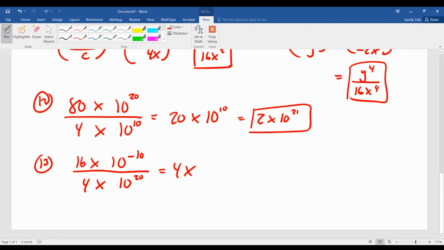So you'd essentially have 10 to the 30th on the bottom. But you see, to make a 10 to the 30th on the bottom, you'd have to have a 10 to the -30th on the top, because that -30 tells this 10 to go down. See, when you write your final answer in scientific notation, it's always in the numerator. So this negative 10 tells us to go down, so you have 10 to the 30th in the bottom. You have to ask, well, how do I make 10 to the 30th in the bottom? I'd have to have a negative 30 in the top.